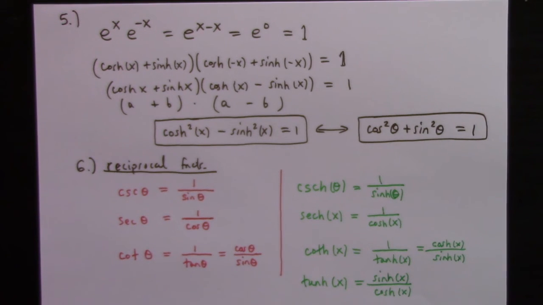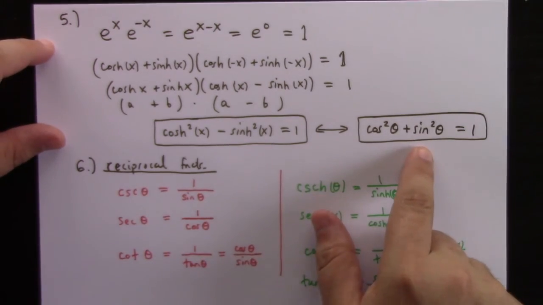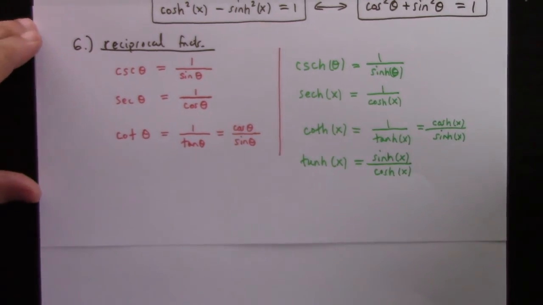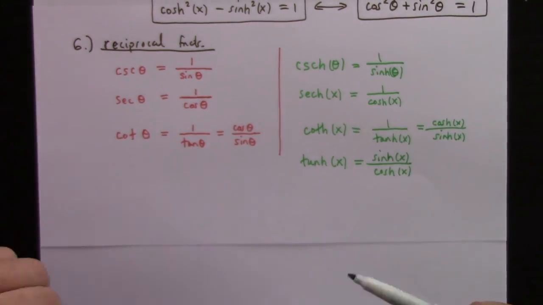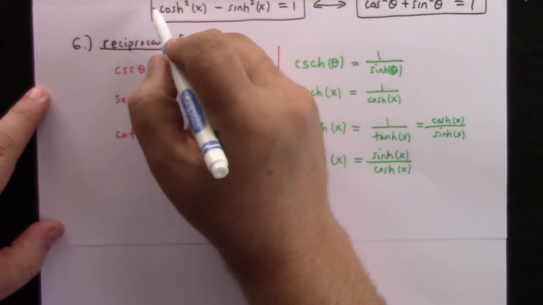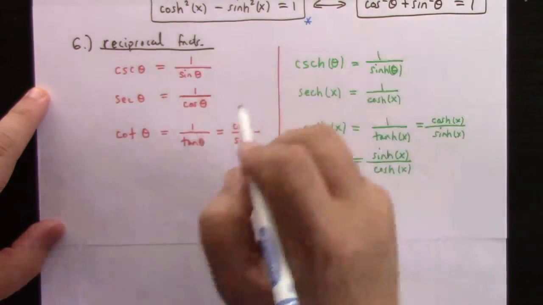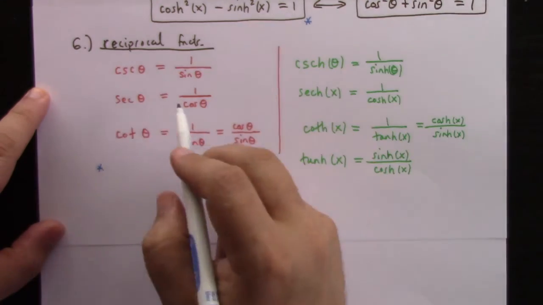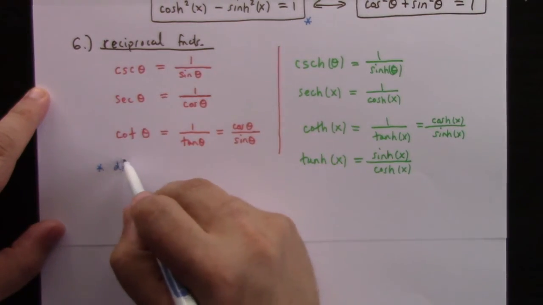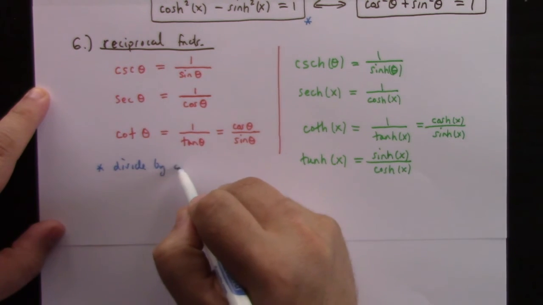Now, there are identities which we know for all of these functions, based on these two identities up here. In short, here's how you do it. It's pretty simple. You take these identities and divide by different things, and you get different identities. If I take the first one, call it star, and divide by cosh squared, what do I get?